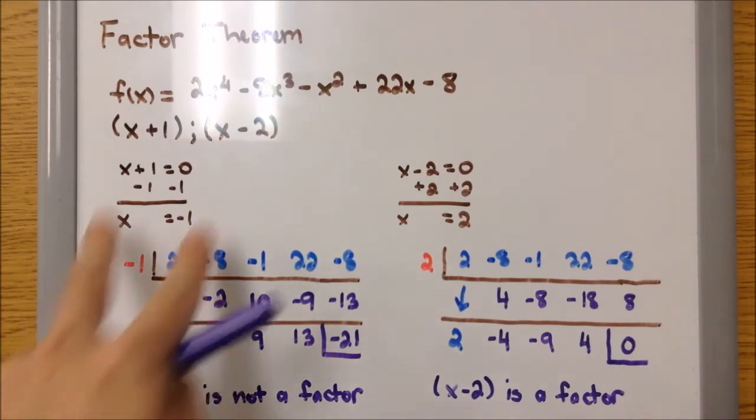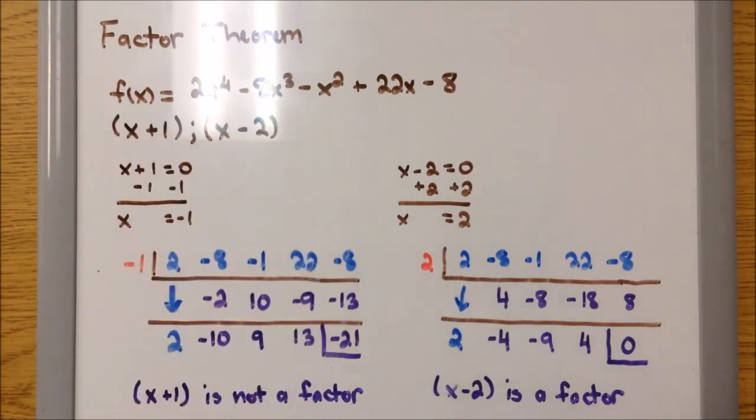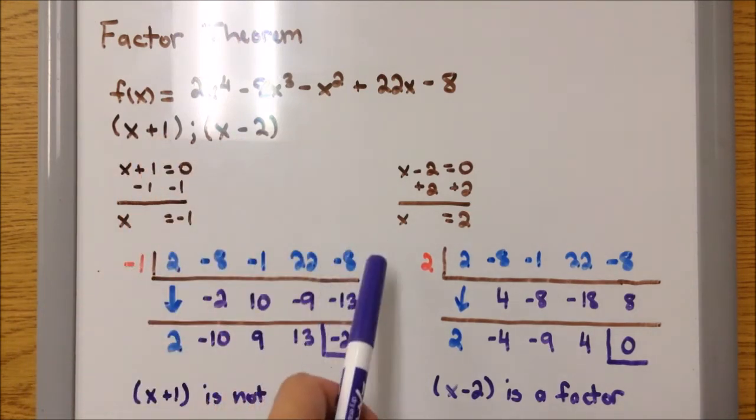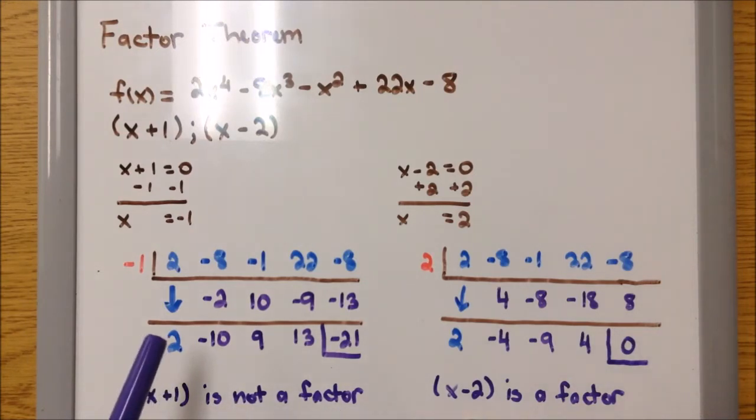Now, when you have two factors, it is best that you test out both of them, not just one. So if, say, we tested out x minus 2 first, and this was a factor, that does not mean that you can just stop. You actually have to check if the other one, x plus 1, was a factor. But in this case, we tested it out and it was not a factor. So that's alright. This one, x minus 2, was a factor, x plus 1 was not.